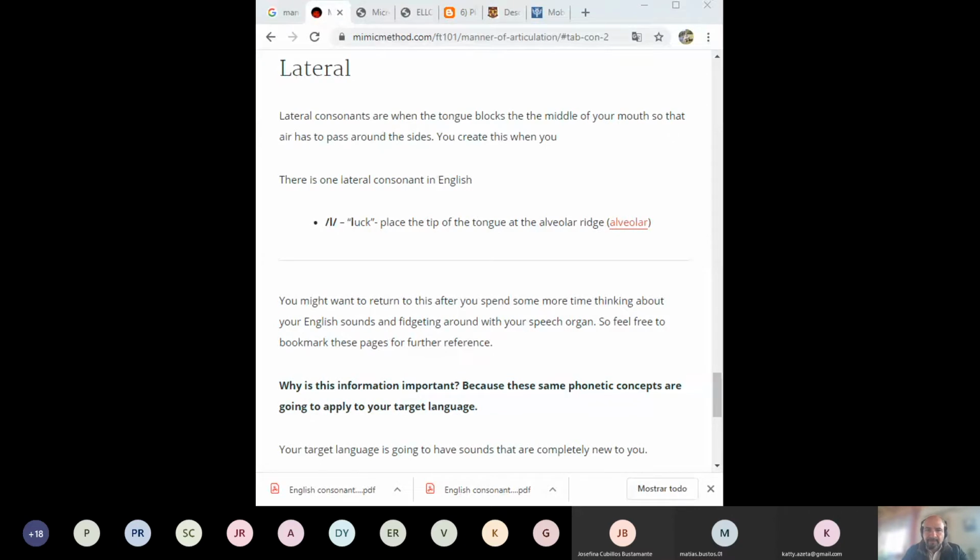Okay, so let me get it right here, because I don't have it. Okay, it's right here. So in the third page, we start with the paragraphs, right?